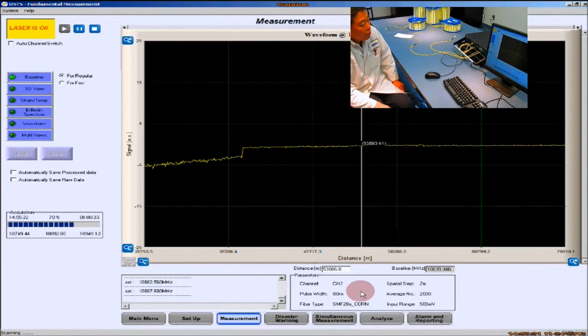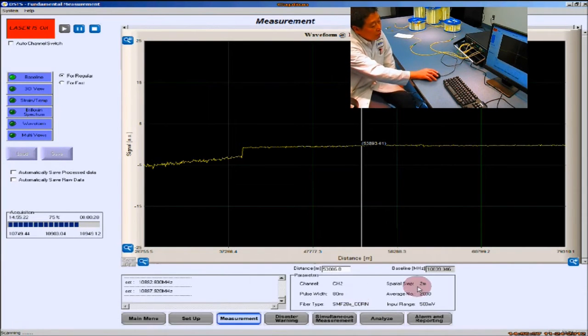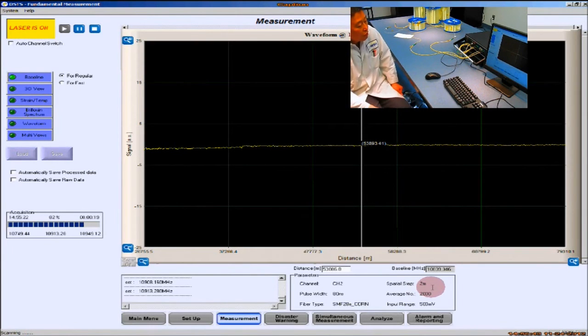The other thing we have done in terms of settings is set our spatial step resolution to be only 2 meters. You want your spatial step to be finer than the resolution of your pulses. By having those two readings set properly, you're able to make good measurements with high resolution.